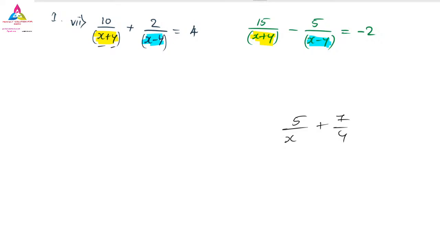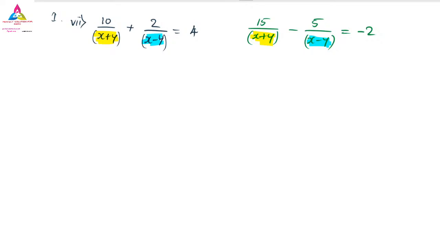Before that we had 5 divided by x minus 2, but there we had numbers. In this case we do not have numbers, we have two variables. So what do we have to do? Yes, correct. We have to use the same method of taking p and q.